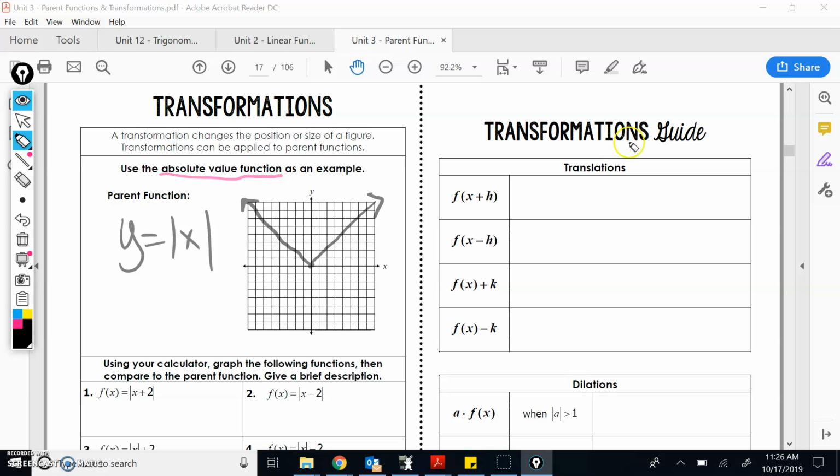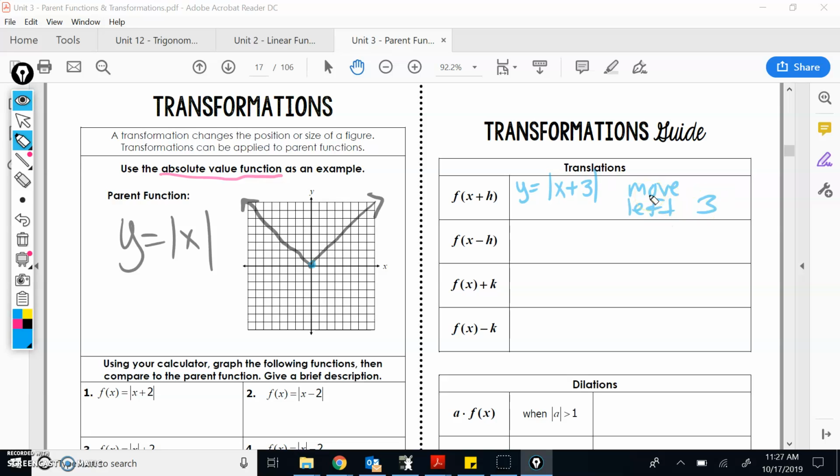Here's the guide to the right side. If we add something inside the parentheses to the x, so for example, if our graph now looks like y equals the absolute value of x plus 3, what that means is that we're going to move the whole graph, including this vertex right here, left 3.